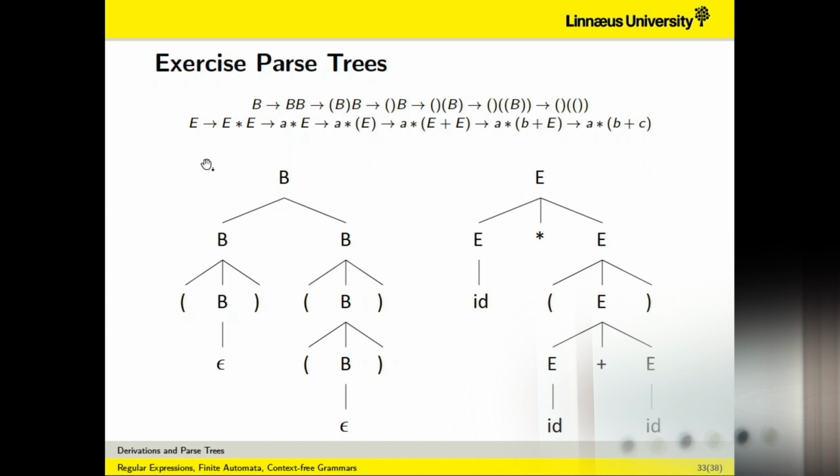If your starting symbol is E, you put it as the root node in your tree. And then you take the next rule. For example, here we have the next rule, E, and then whatever is on the right side of your start symbol, you add as child nodes. So here we have E multiplied by E, so we add them as child nodes to our root node.